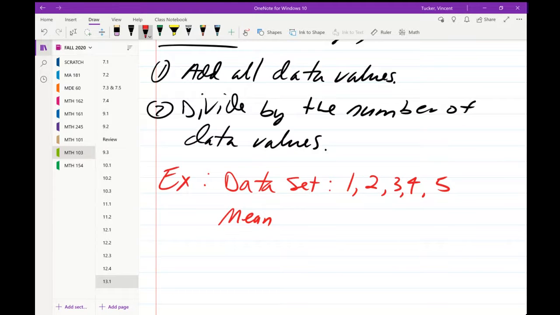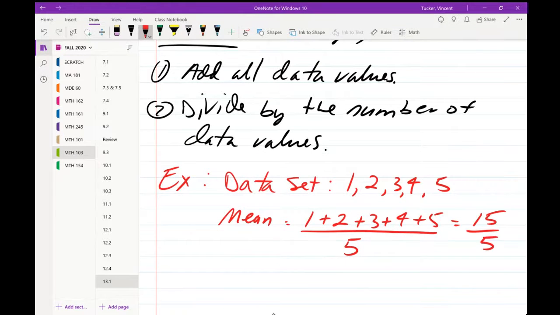So if we have the data set 1, 2, 3, 4, 5, we would find the mean by adding those values together, dividing by the number of values that we have. 15 over 5, and that would be 3.